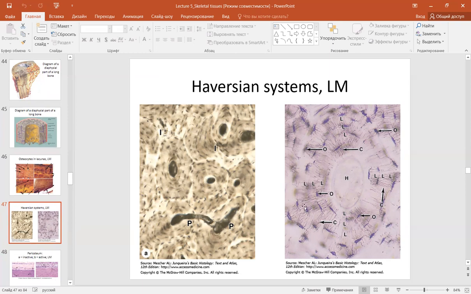Osteocytes with processes forwarded to the bony canaliculi, three parallelly arranged neighboring lamella, Haversian canal. And this is one single osteon, one single Haversian system in cross-section orientation.